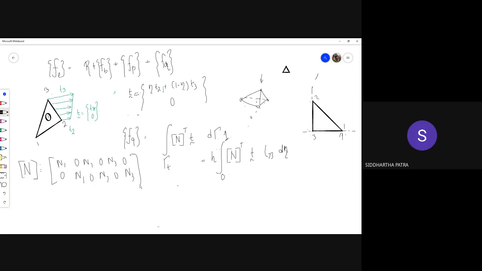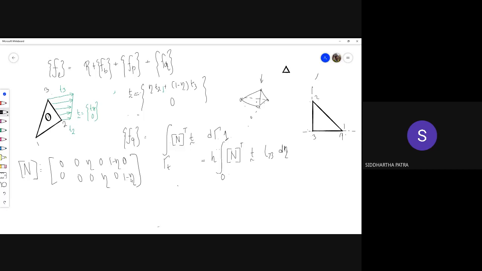Now what is the value of N1 on the line 2 3? 0, by definition. Now what is the expression of N2? Eta. And what is the expression of N3 on the line 2 3? 1 minus eta, and you don't have to bring in xi.